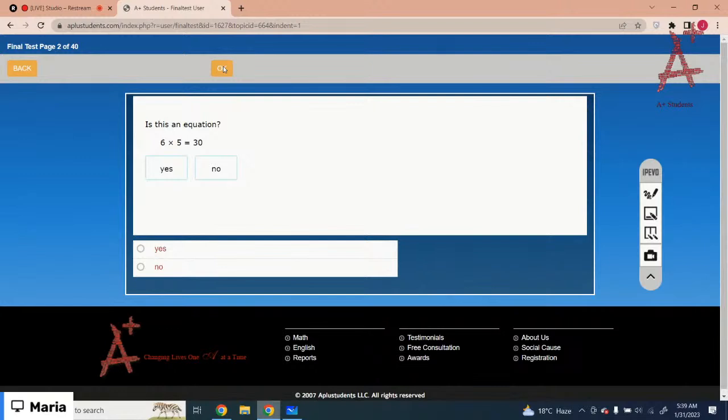Okay, is this an equation? 6 times 5 equals 30. Is this an equation? Yes or no? Yes, this is an equation. Got it? The correct option is yes, this is an equation.